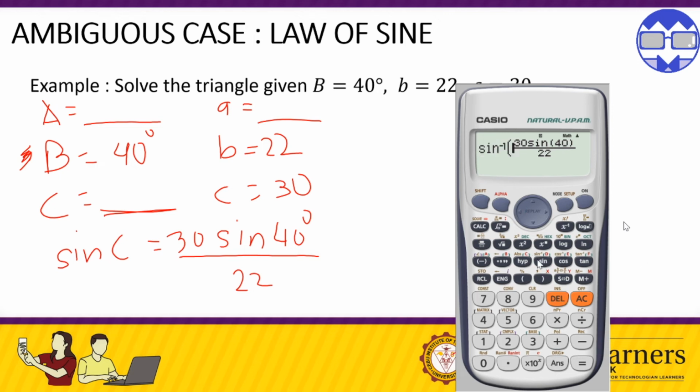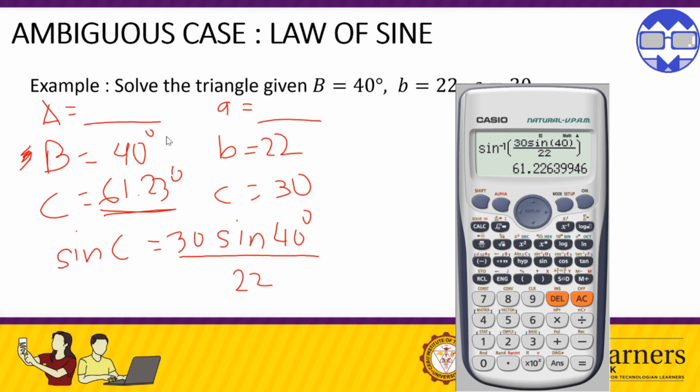Shift sine, arc sine, then close. So what will be the value of C? So C is 61.23 degrees. But the question is, is it the only solution for C?